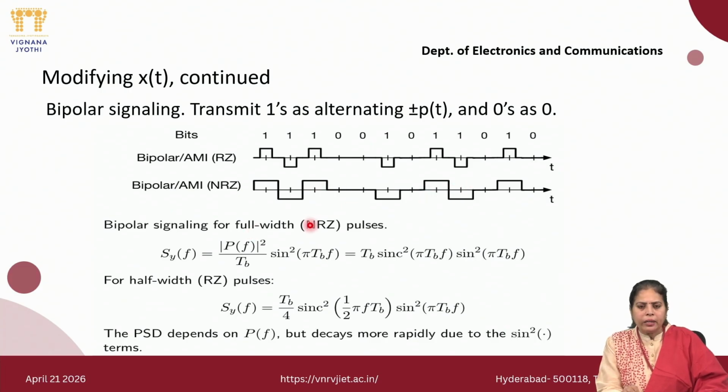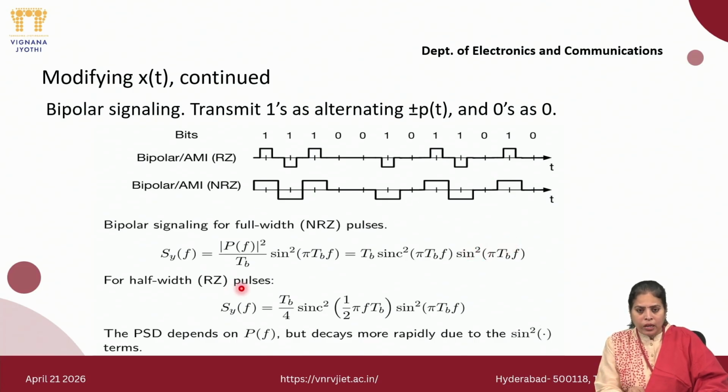Now if you intend to compute the power spectral density for the full width, that is the non-return to zero pulse, after computation the output power spectral density will be simply a sinc square function multiplied by a sine square function.